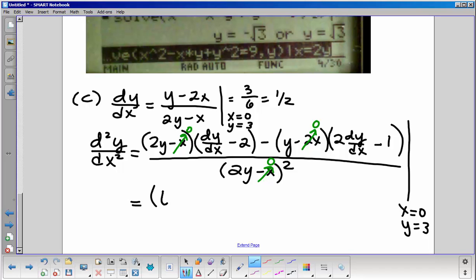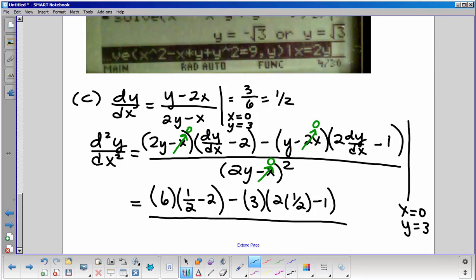Gotcha. So 2y is 6, right? Times dy/dx, which we said was 1/2, minus 2, minus y, which is 3, times 2 times 1/2 minus 1, which is something nice that just happened there, over this is 1 minus 1, which is 0.